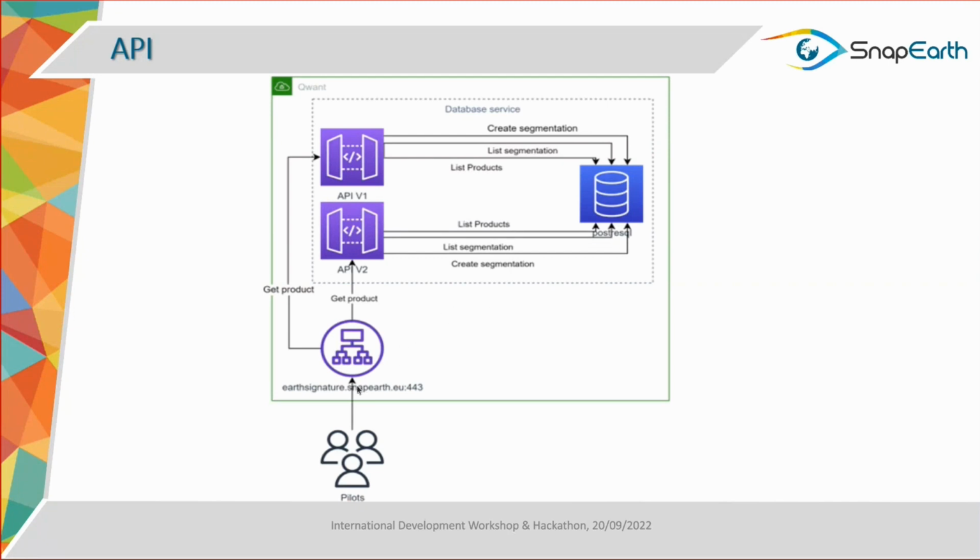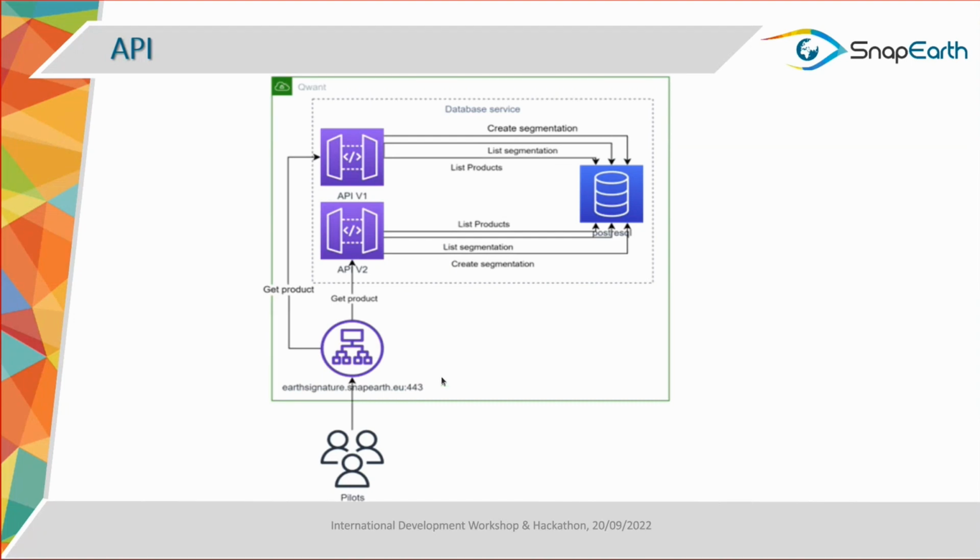So what we have is a domain name, earthsignature.snapearth.eu, at port 443. If you request this domain name, you can have access to 3 endpoints for each of the V1 or V2 API. What is more important is 2 endpoints.